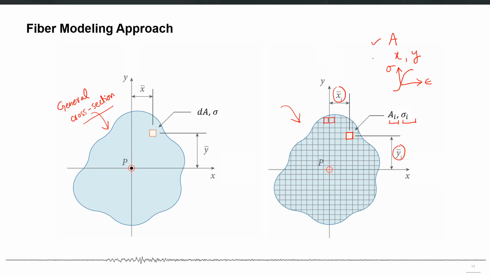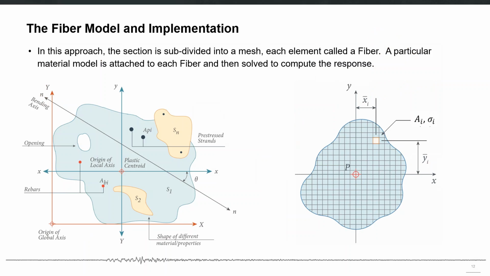So these three properties will be given to each fiber independently, and then the whole shape of that complex cross section and the materials which are used in that cross section, all those can be accounted for in this discretized manner. So for example, if you have a general cross section, this one which has maybe an opening and which also has maybe rebars, it can have pre-stressed strands also, can have a steel cross section embedded in that, and you can have materials which are, let's say, S1, S2 up to Sn.